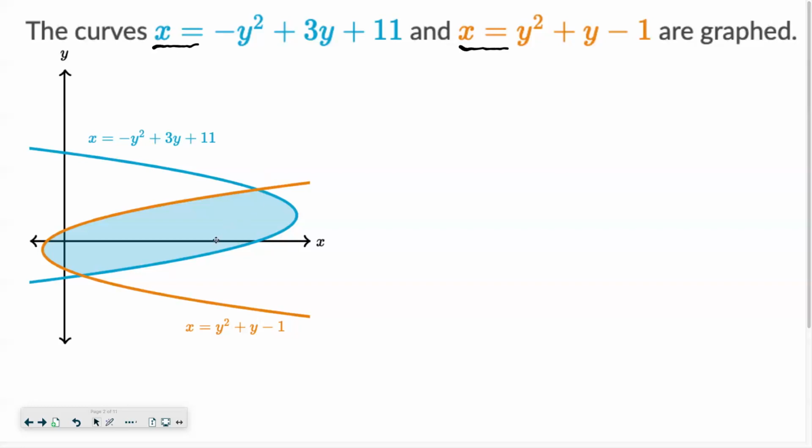And so everything is measured differently. Normally, we measure like this. But since we're working horizontally, this blue equation, x equals negative y squared plus 3y plus 11, is going to be considered the upper function.